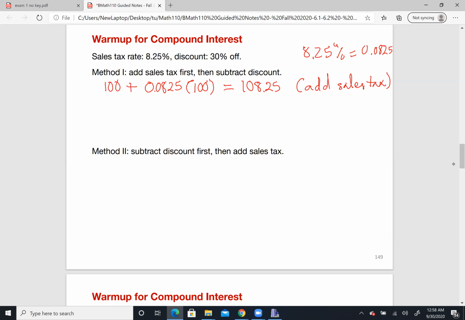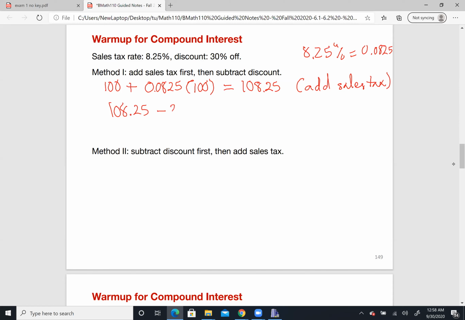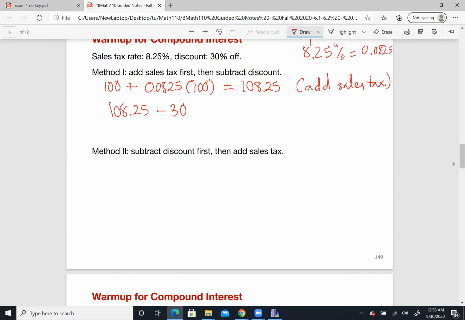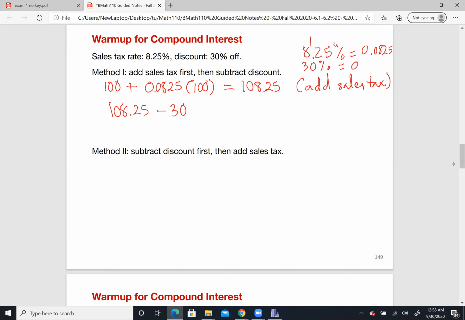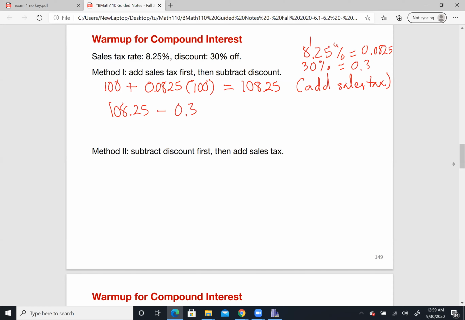So I'm going to take 108.25 and subtract 30% of that, right? 30% will be equal to 0.3, since you divide by 100. So then I'm going to write 0.3 of this amount. This means you have 0.3 multiplied by 108.25.